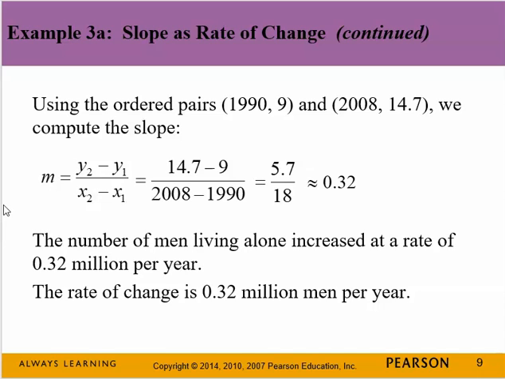And it's just a matter of copying. I could write it, but it's neatly written here. And we get then this relationship, which is to 2 decimal points, 0.32. So what is this 0.32 in reference to? Well, it's the rate of change. That it's this many million men per year.